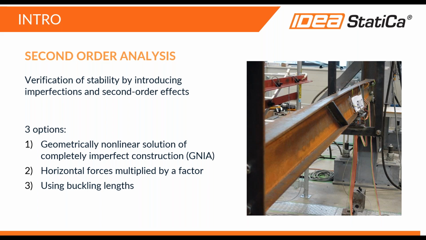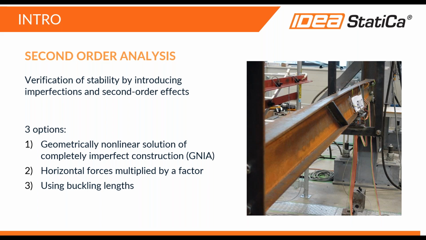Then a second option is, on the other hand, very simple. You just multiply all your horizontal forces on your global model by some factor, for example, 1.2, and recalculate the first order analysis. This is a very simple approach.